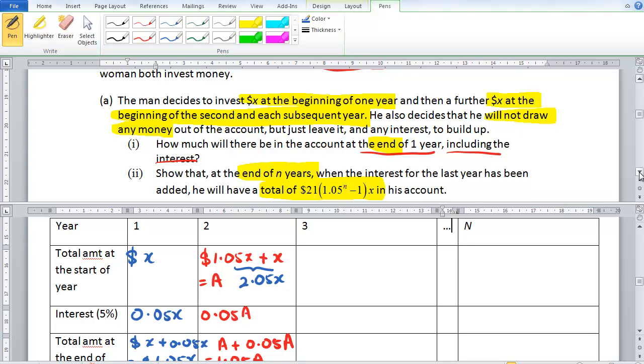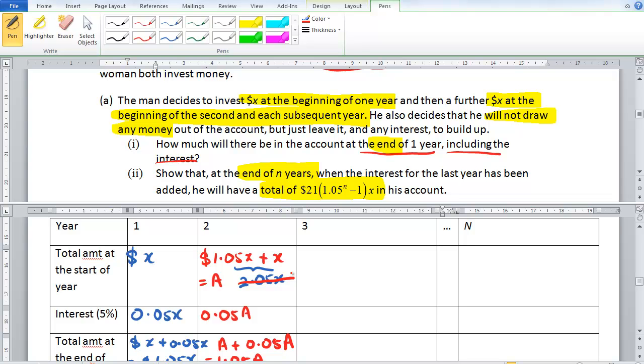So from there, it's quite a strong clue that I should try to retain the factor 1.05x. If I had proceeded on to add on to get 2.05x, I would run into trouble later. I should come back here and relook at the way I'm managing the numbers. So do pay attention to this point, that we need to be careful with the way we simplify the numbers.